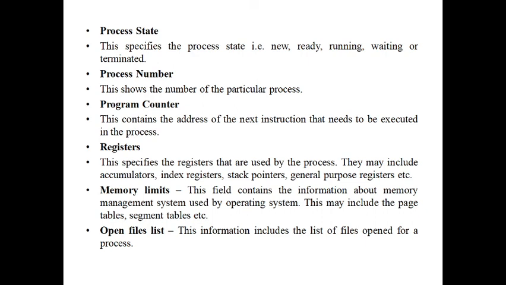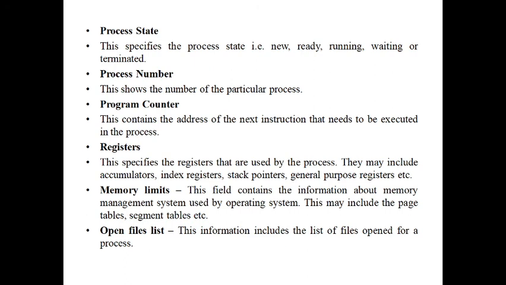This is about the process control block. Whenever any process has to be executed, for every process a process control block will be there which will store all this information. Without this, a process will not be executed within time, or it will not give you the best result. So for a single process execution, a process control block is needed.